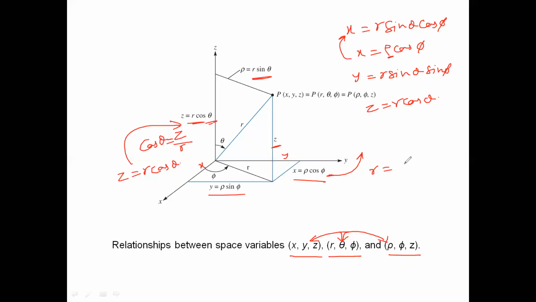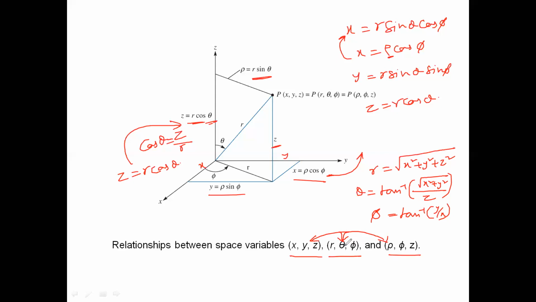R equals square root of x square plus y square plus z square, theta equals tan inverse of root of x square plus y square by z, and phi equals tan inverse of y by x. This is the relationship between the Cartesian and the circular cylindrical as well as spherical systems.